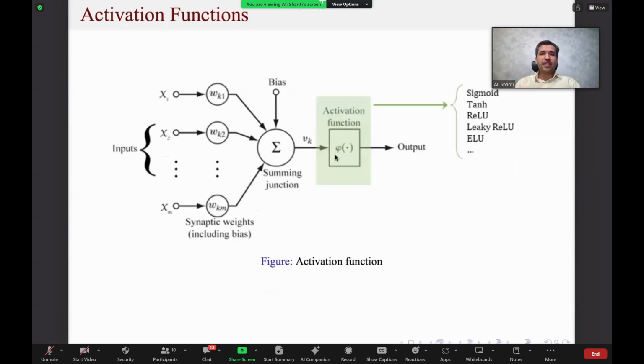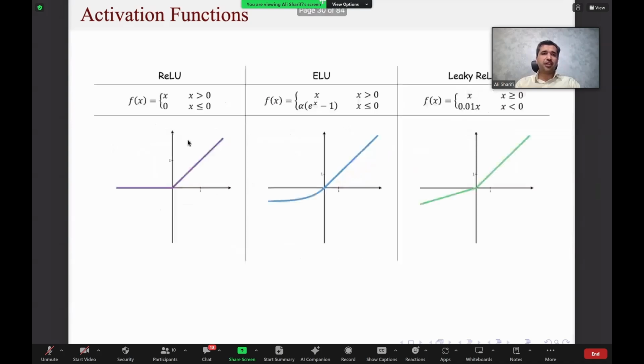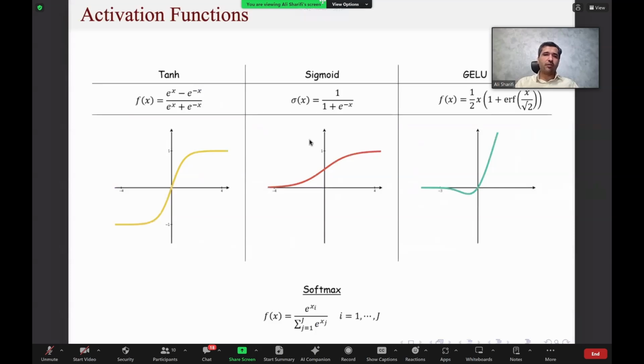There are many different types of activation functions. You can see here one very simple choice would be the rectified linear unit, which is simply the same value of x whenever x is greater than 0, or 0 whenever x is less than 0. And there could be ELU, leaky ReLU, tangent hyperbolic, or sigmoid. This sigmoid function, for example, is one of the best choices whenever we want to do a classification.